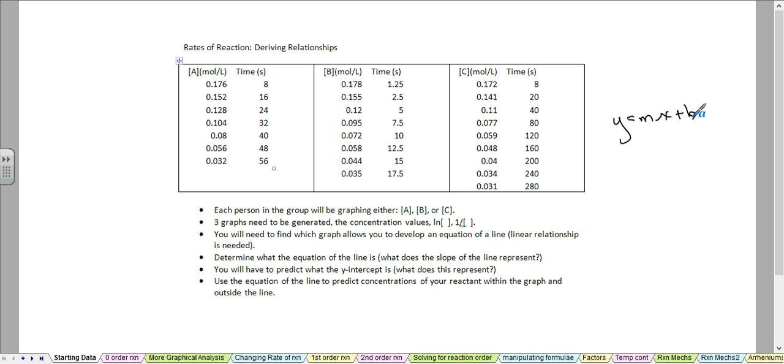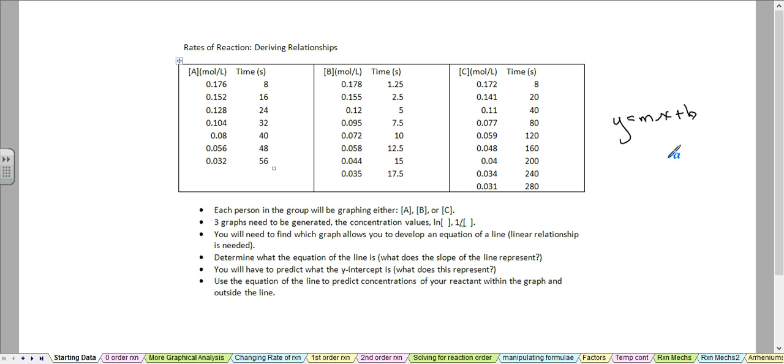Using that information we can start to predict what concentrations will be at certain times in the reaction, which will give us the ability to optimize the conditions for the reaction, things like that.